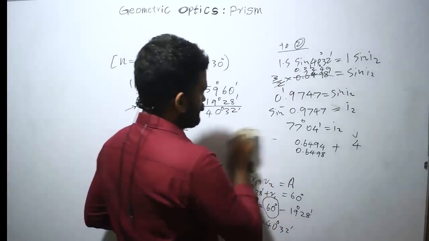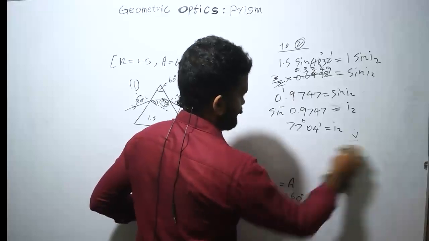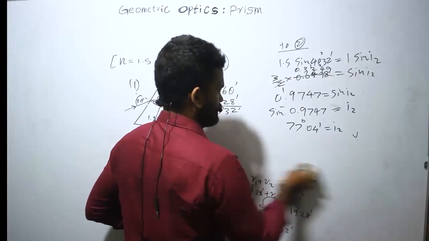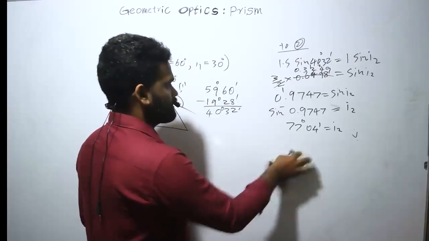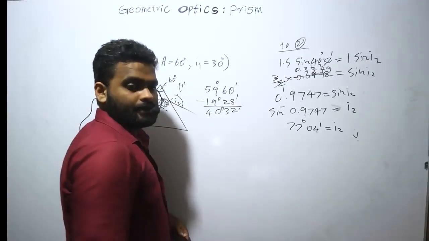Okay, now we know all the angles: I1, I2, R1, R2.